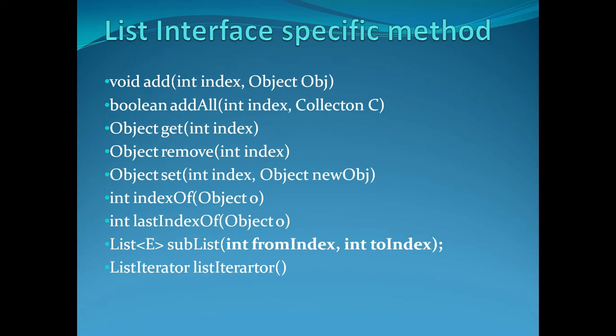Whatever methods are present in the list will be available in the linked list. Apart from these collection and list methods, linked list has its own methods also. So let's see those methods now.